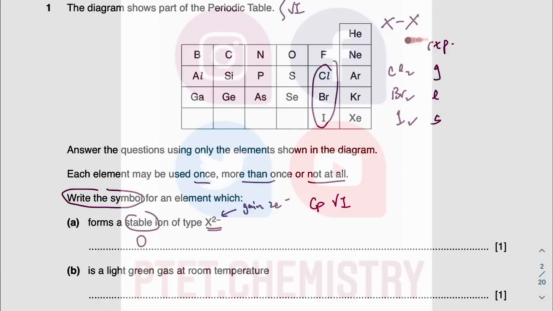So chlorine is the symbol of the element. I do not put down Cl2, even though I know Cl2 is the pale green gas, dark orange brown liquid, gray black solid. But they want the symbol of the element in the periodic table.